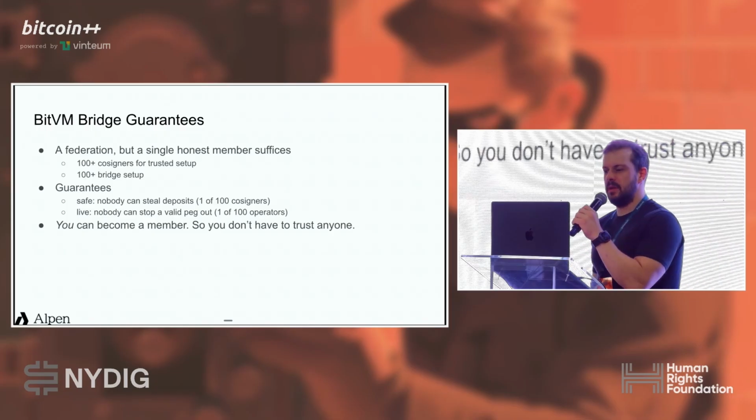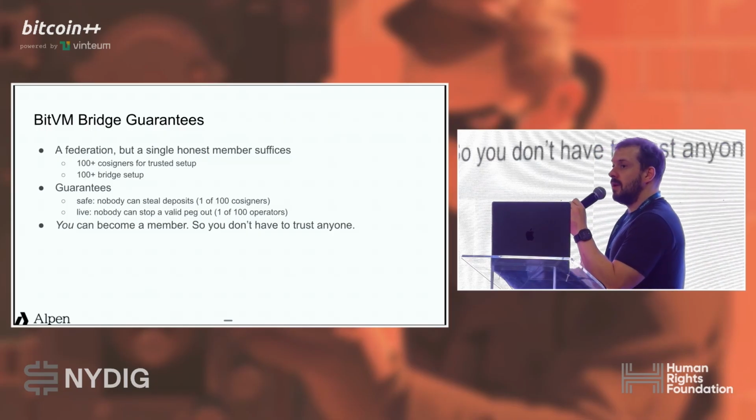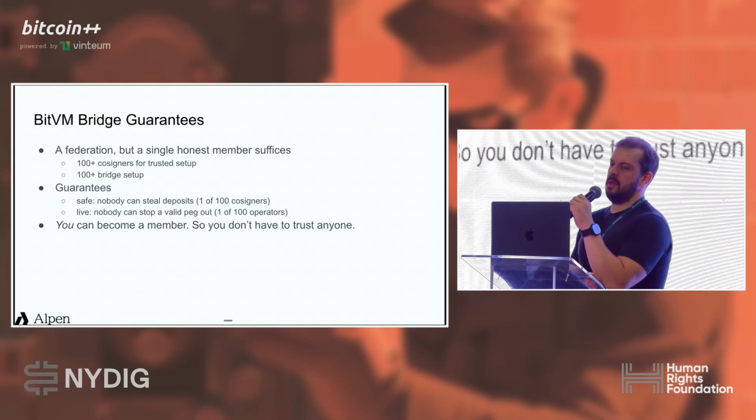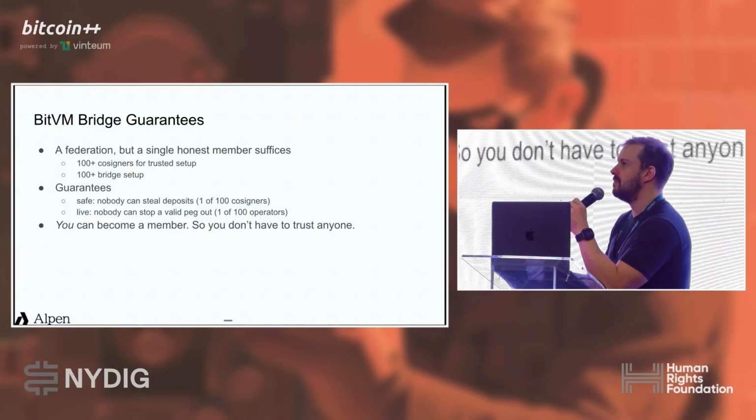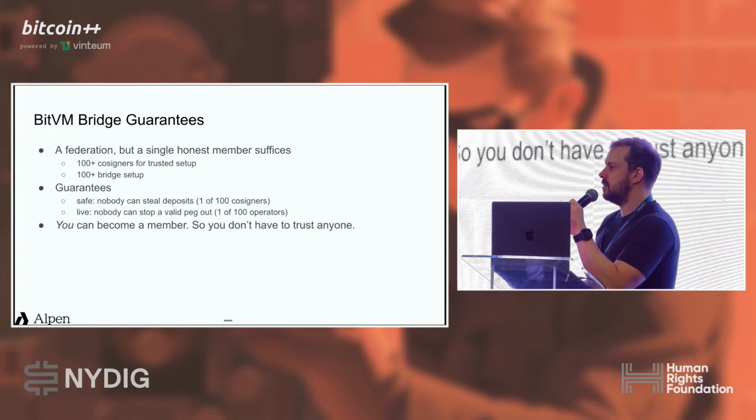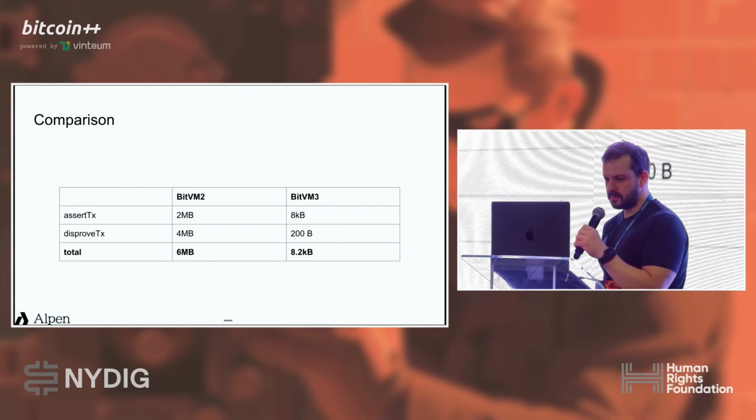What is really nice is that you can become a member, so you don't have to trust anyone. With BitVM3 and Garbled Circuits, the collateral requirements are not that big. Someone, or maybe a group of people, can join together and become an operator, and they don't have to trust anybody but themselves for all activities in and out of the bridge.